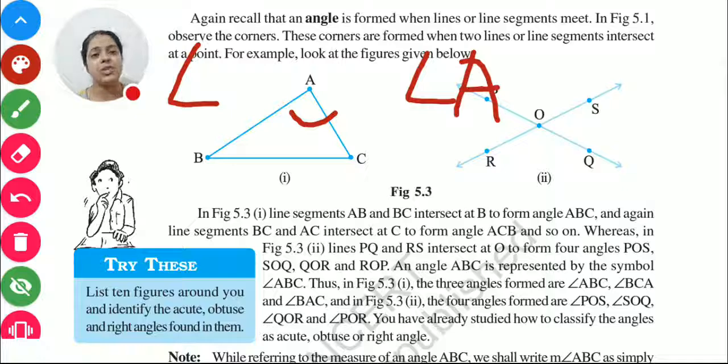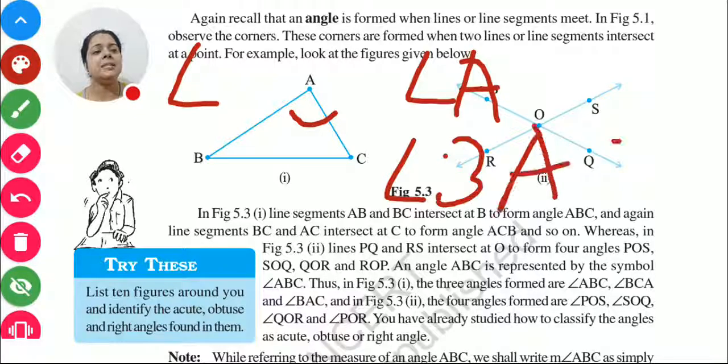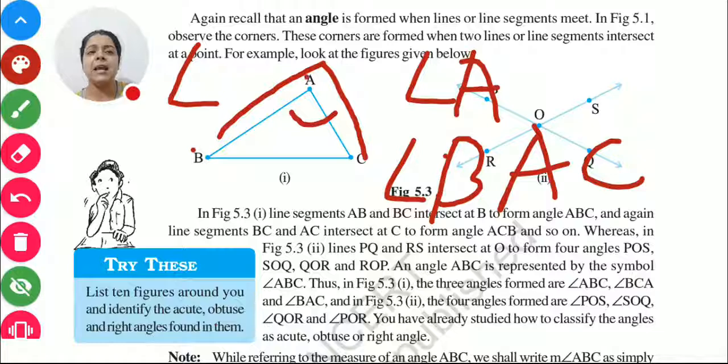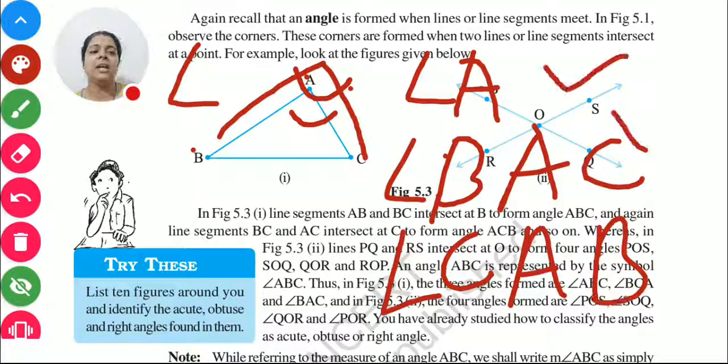Then I can mention it in a different way, angle BAC. Here in this case also angle BAC, A is common. A is coming in the center. Now again we can call it angle CAB. Any of the names you call, it will be the same angle, because A comes in the center.